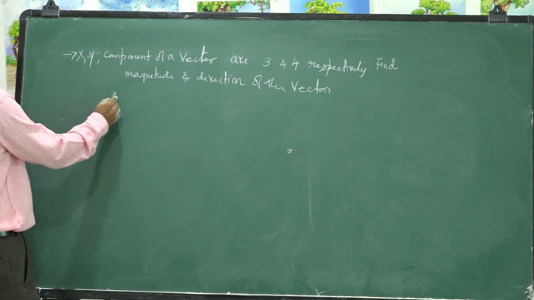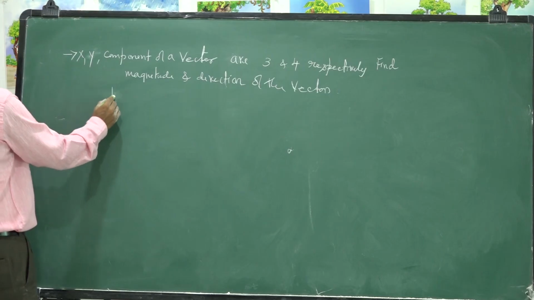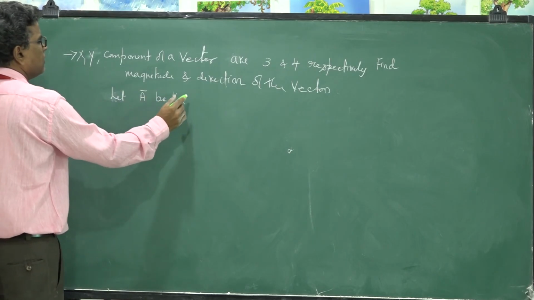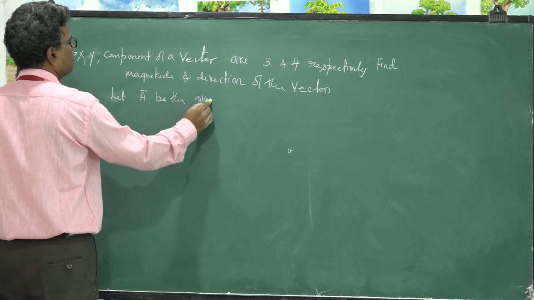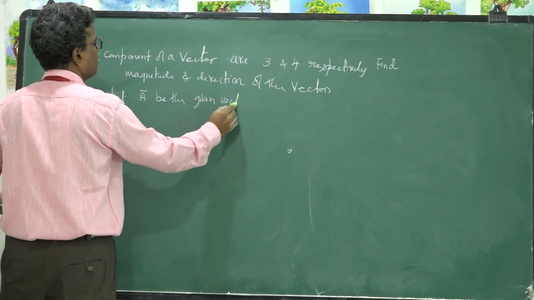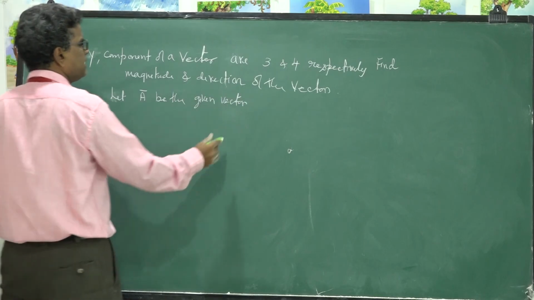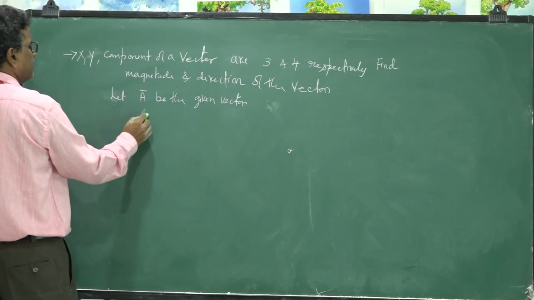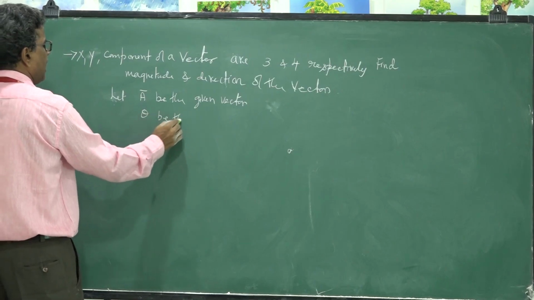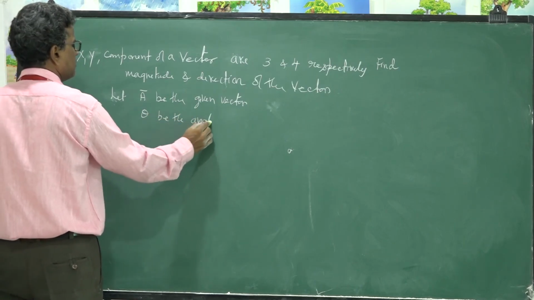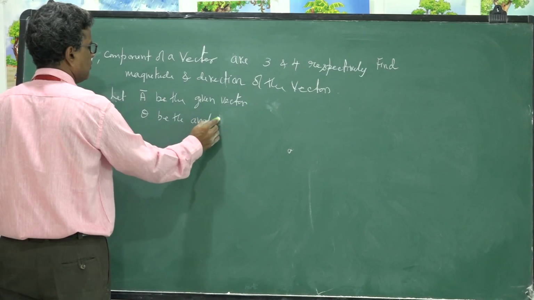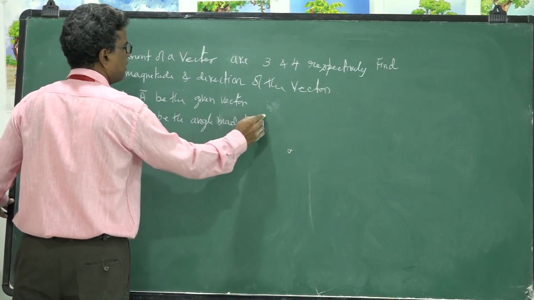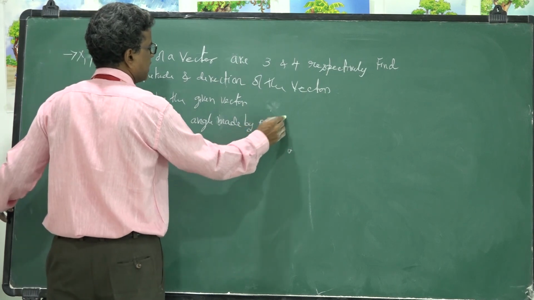We don't know the vector, so let A bar be the given vector. Let theta be the angle made by the vector A bar with the x axis.